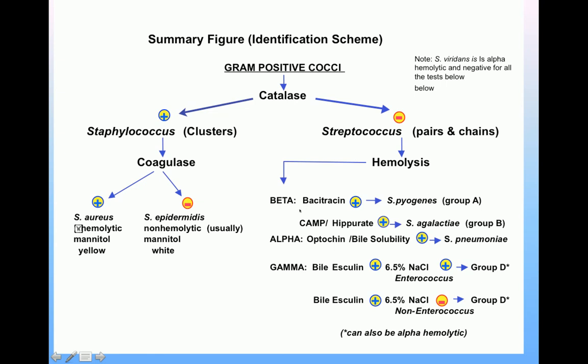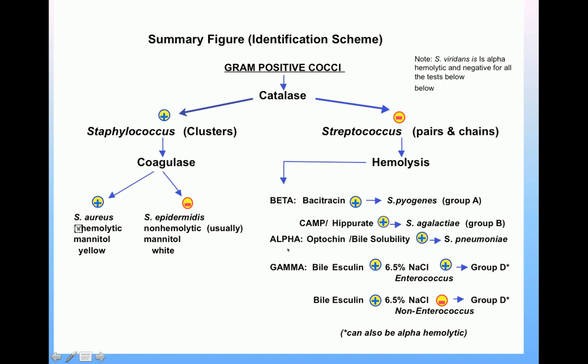If they are beta hemolytic but not sensitive to bacitracin, or bacitracin negative, but they are CAMP positive and hippurate positive, then they belong to group B, Strep agalactiae. I've done this in detail while we were doing streptococci. So this is just to sum up all the tests which we have to perform for identification of specific groups of gram-positive bacteria.